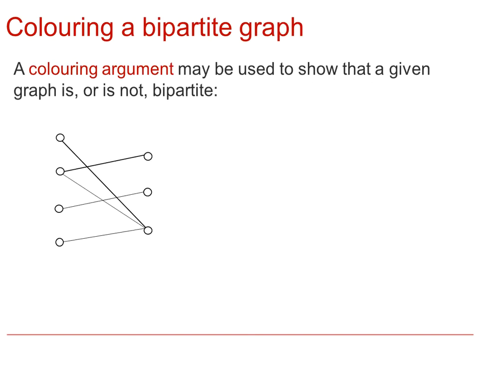A colouring argument may be used to show that a given graph is, or is not, bipartite. So here is a small bipartite graph laid out in 2 very obvious sets, and there are no arcs within the sets, so therefore we could easily make these ones blue and these ones red.